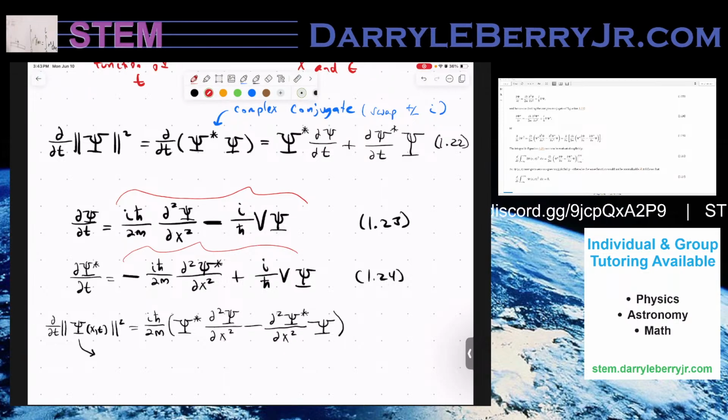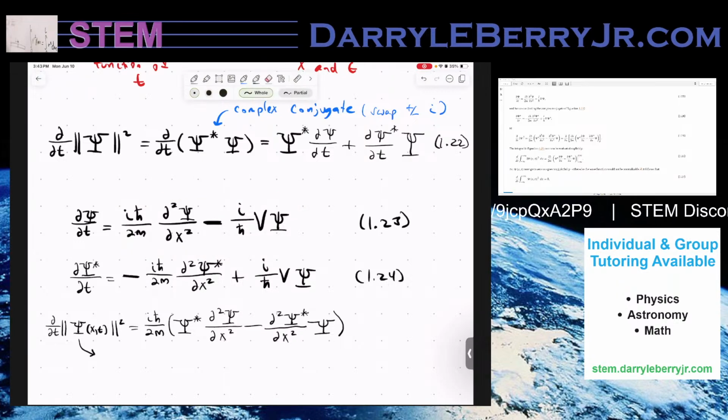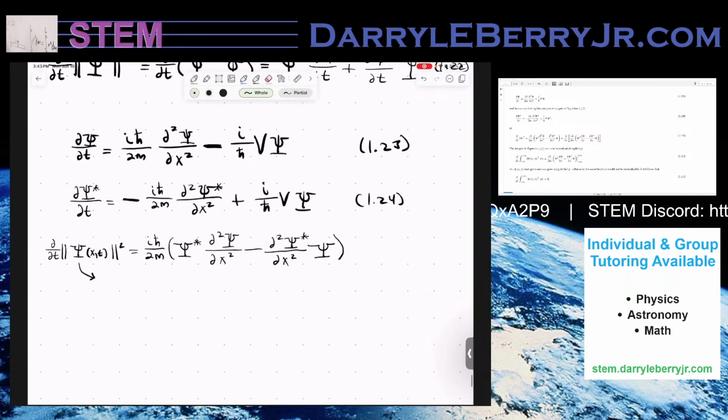So perhaps it's not so much where these equations come from, except for the fact that the Schrodinger equation only works if our psi has this configuration. Whatever psi we pick, it has to solve this. Thinking about it that way, if I go to equation 1.25 now, we have the partial derivative of psi mod squared.